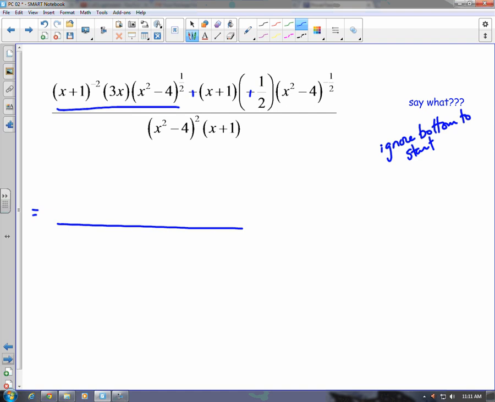Okay, so I'm going to pull out the 1/2 first. Then I'm going to pull out the x plus 1 factor. Then I'm going to pull out the x squared minus 4 factor. Now, the x plus 1 factor, the smallest of the exponents is the negative 2. And the x squared minus 4 factor, the smallest of the exponents is the negative 1/2.